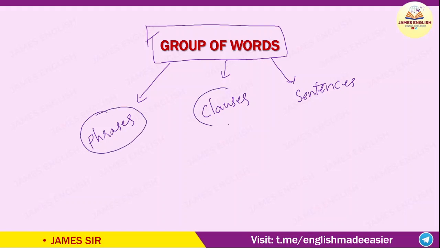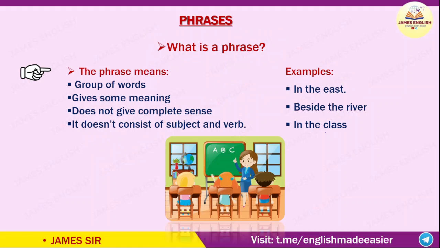Phrases, clauses, or sentences. In this class, let us deal with what is a phrase, what is a clause, and what is really a sentence. So, without wasting any minute, let us continue with the first topic, that is, what is a phrase?